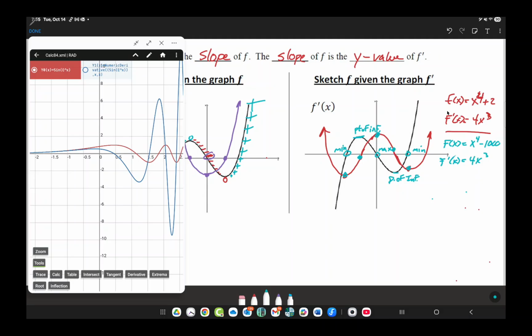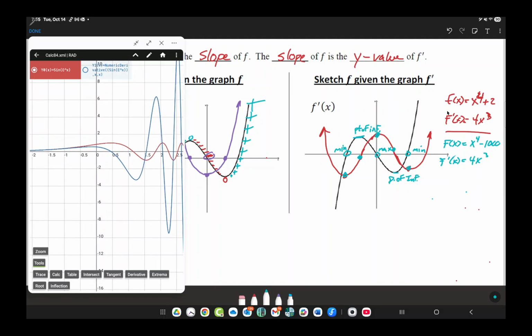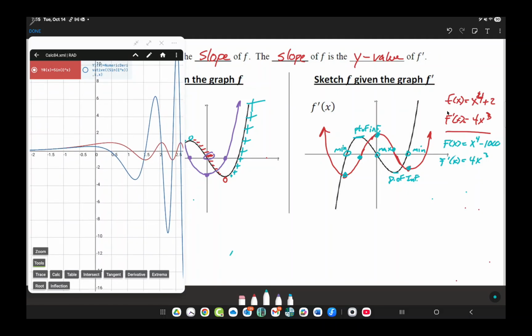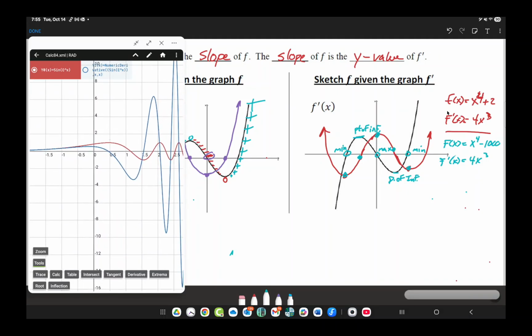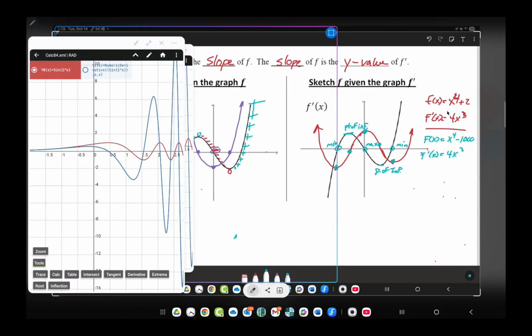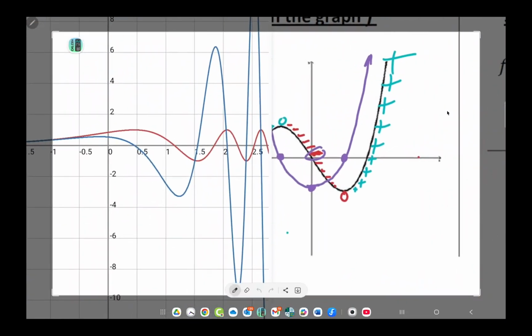Again, what we can see with this is that my red is my original function. Right here, I have a local max. That's where the derivative crosses the x-axis. Right here, I have a local min. That's where it crosses the x-axis.